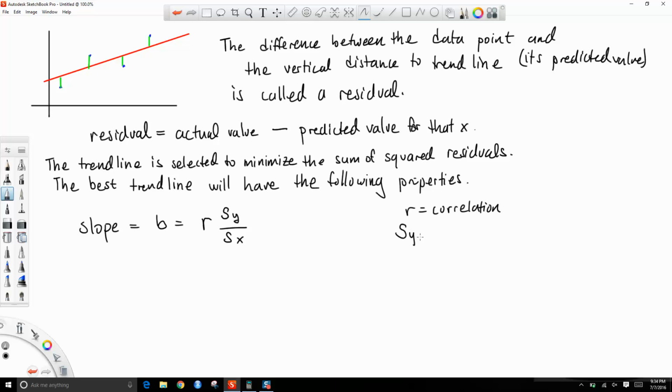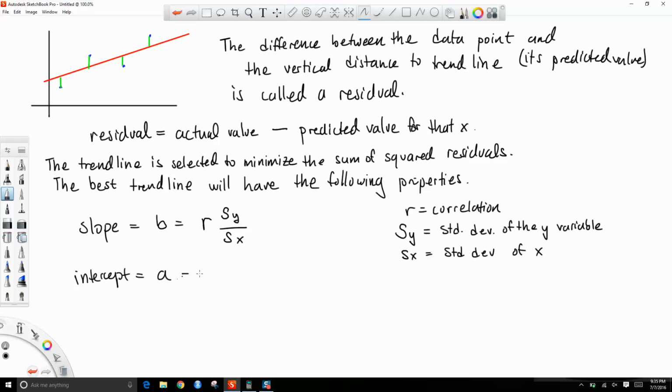So Sy is the standard deviation of the y variable, and Sx is the standard deviation of the x variable. So the slope will be the correlation times the standard deviation of y divided by the standard deviation of x.